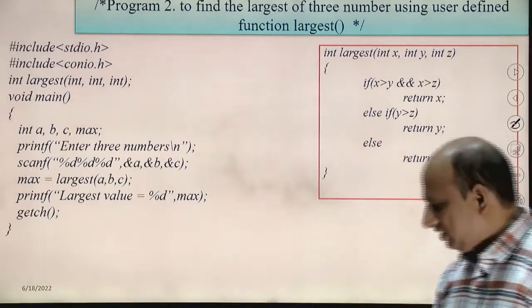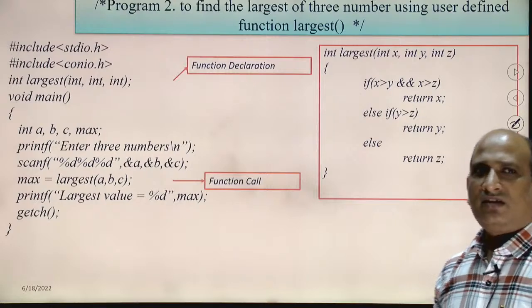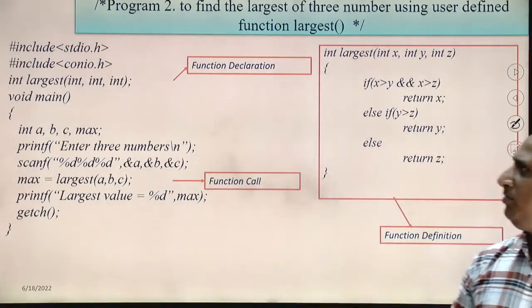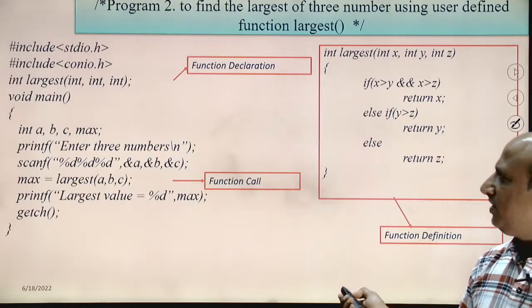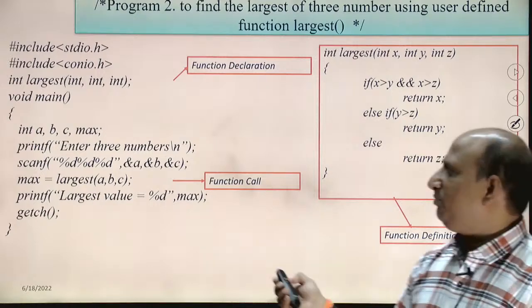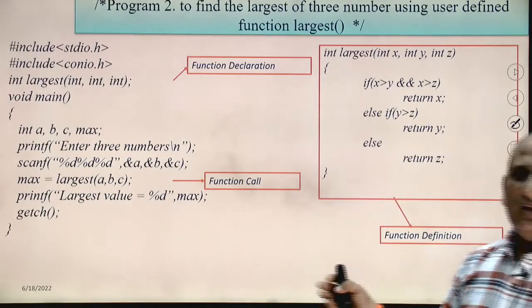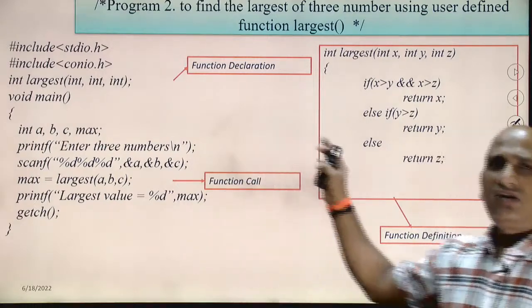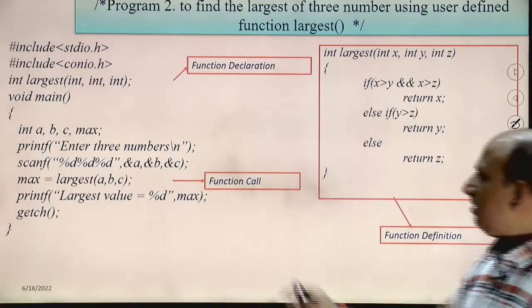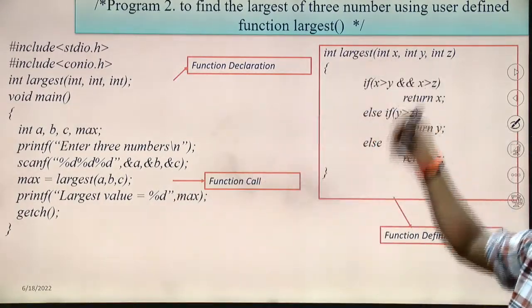Whenever this function is called in the main function, we can see that first is the declaration above the main function, and in the main function this function largest has been called by passing the values of a, b and c, and whenever this function is called, the control jumps to the definition of the function, and the value of the actual parameters is copied to the formal parameters.